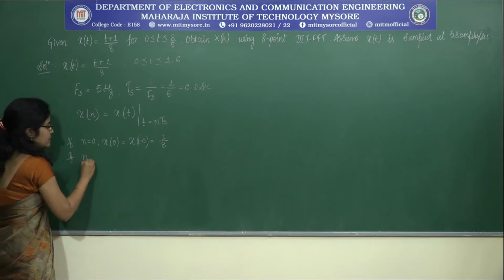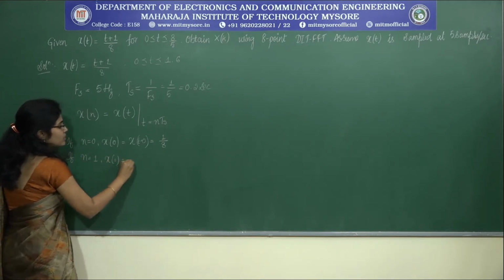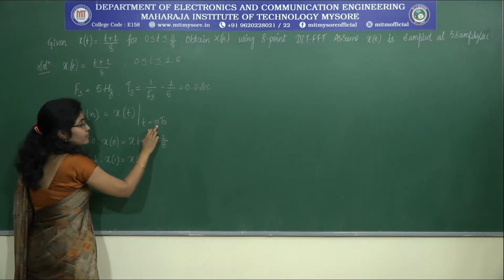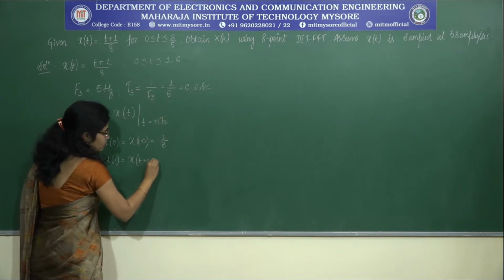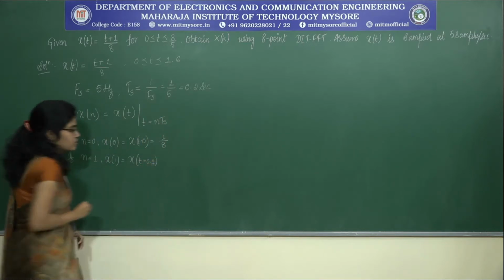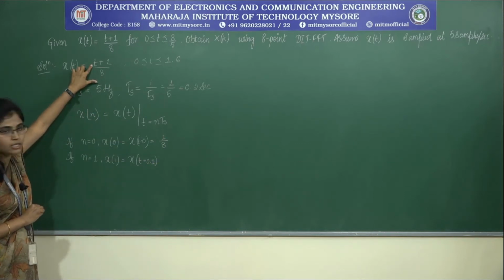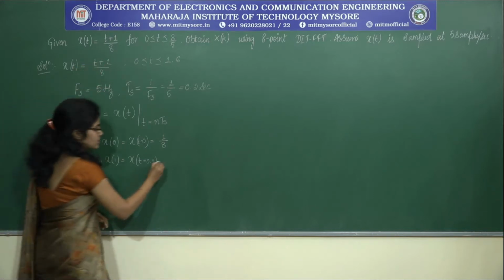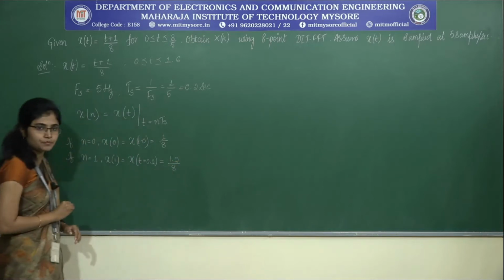Similarly, if n is equal to 1, x of 1 will be equal to x of t, where the value of n is 1 and the value of ts is 0.2, so the value of t will be 0.2. If t is equal to 0.2 in this equation, it becomes 0.2 plus 1 by 8, which is equal to 1.2 divided by 8.